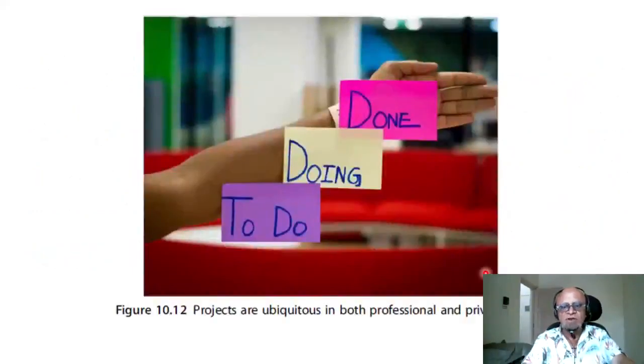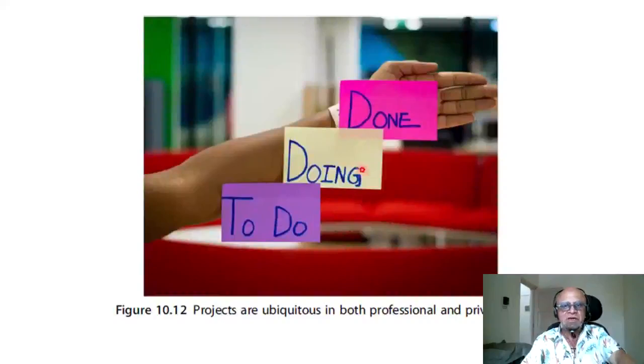So the prop for satisfying project completion and moving on to more interesting projects all the time is that projects are ubiquitous in both professional and private lives. So everybody tends to have a to-do list, especially as a new year starts with new year's resolutions and to-do lists.